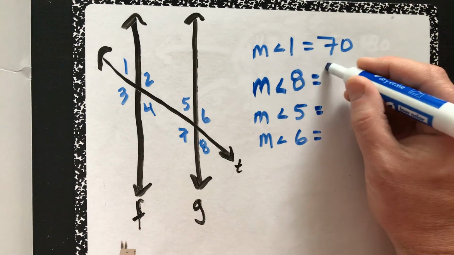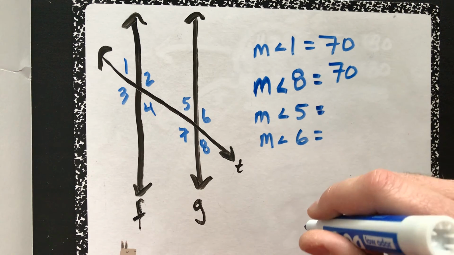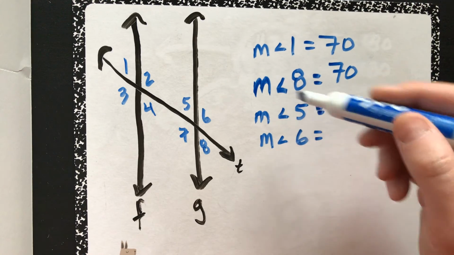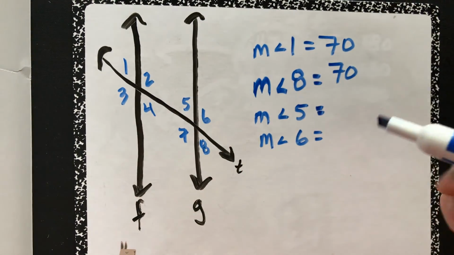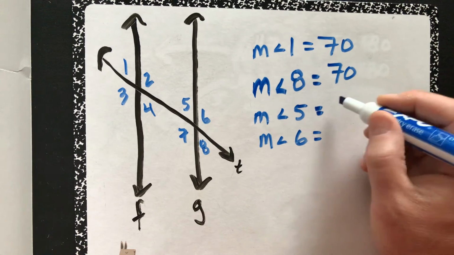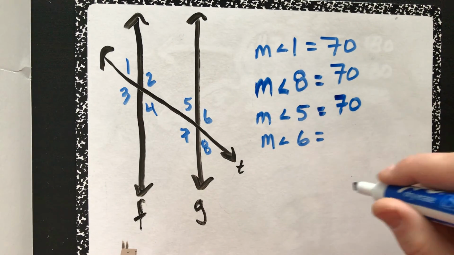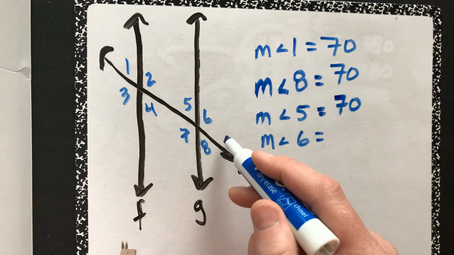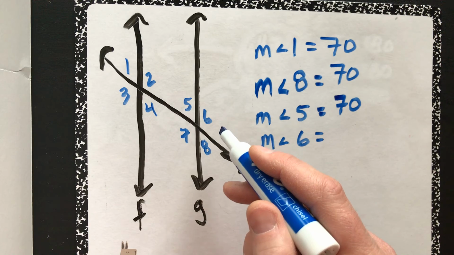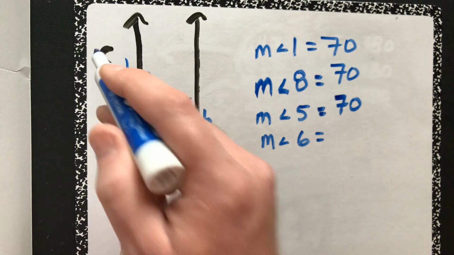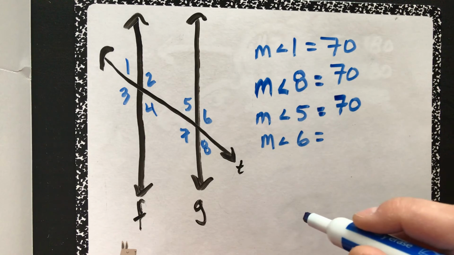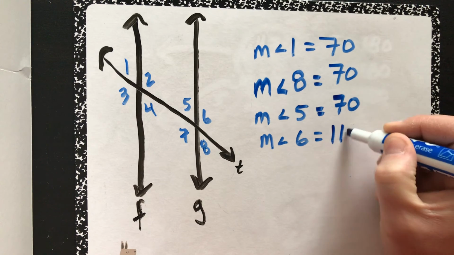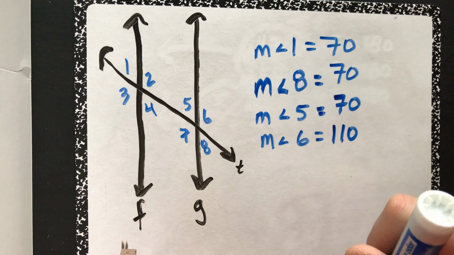Those must be congruent, so I know the measure of angle 8 is 70. Now they want to know the measure of angle 5. Well, I know that angle 1 and angle 5, those are corresponding angles. Those also must be congruent. Measure of angle 6, oh, those are same side exterior angles. Remember, all of the same side angles, whether it's same side interior or same side exterior, those are supplementary. So if angle 1 is 70, then angle 6 must be 110 because they have to add up to 180.